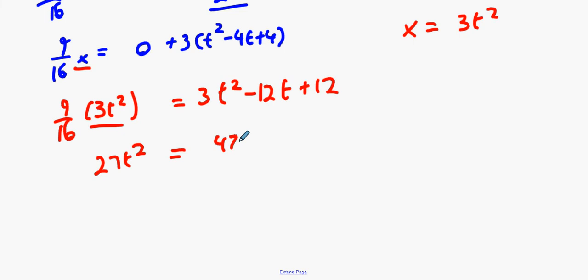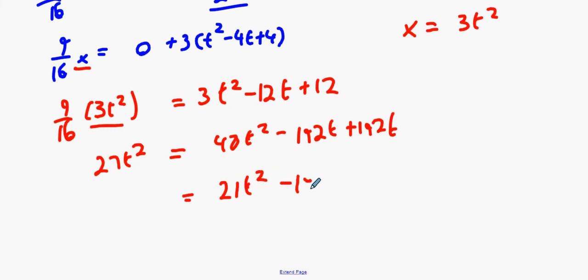I'm going to get 48t squared minus 192t, and then 12 times 16 is plus 192. Yeah, we're going to take away that 27. So 48 take away 27 is 21. So it's going to be 21t squared minus 192t plus 192. Oh, sorry, there's not a t on that last one. My fault.